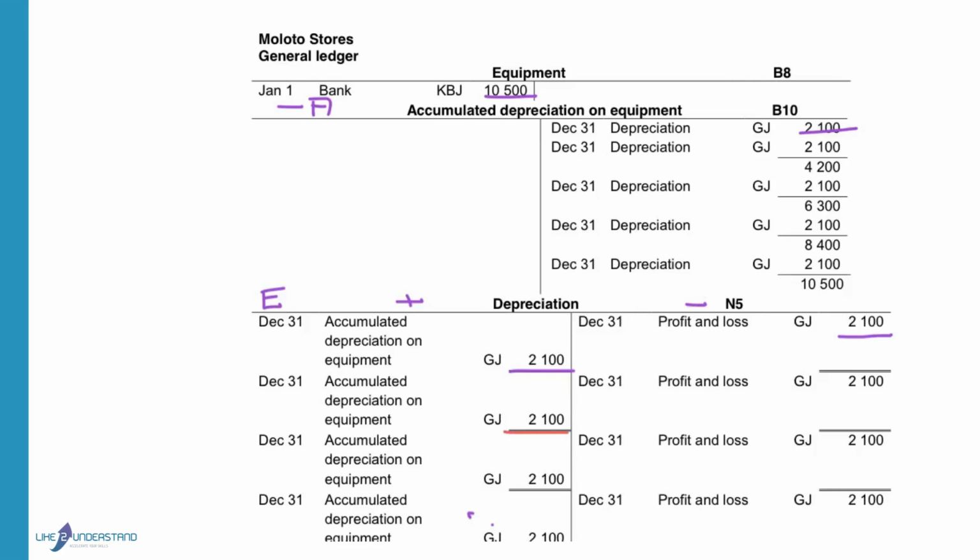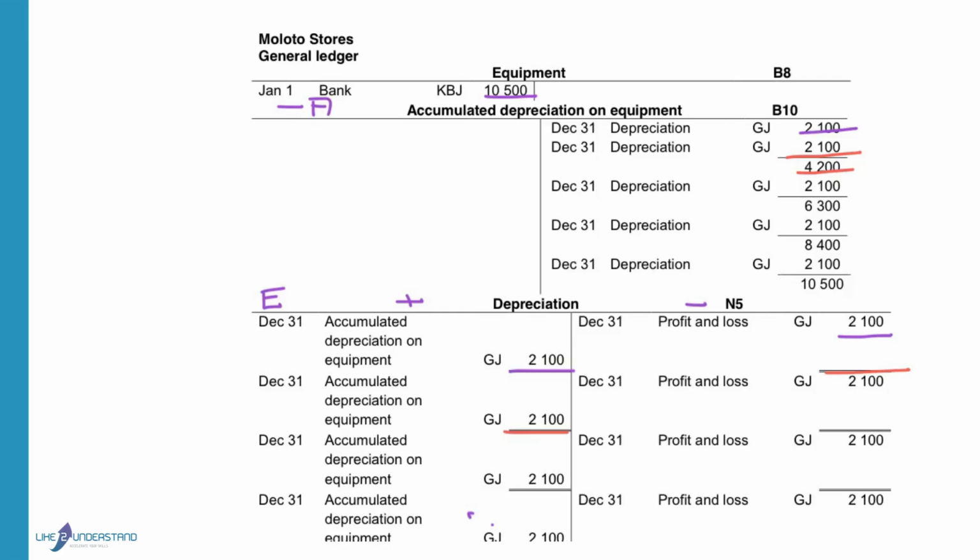In my double entry, I increase accumulated depreciation with 2,100, add the two together, and I see that the accumulated depreciation at the end of the second year is 4,200. So in the balance sheet at the end of the second year, I will say the equipment cost 10,500 minus 4,200, so it's actually worth 6,300 Rand. And I will close off this depreciation to the profit and loss account, 2,100.